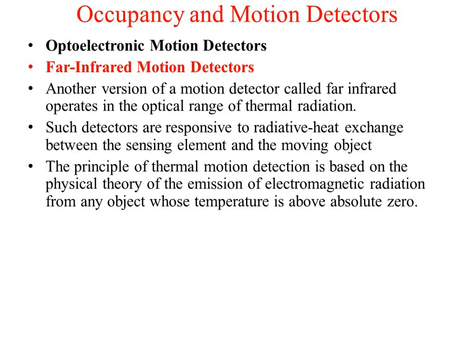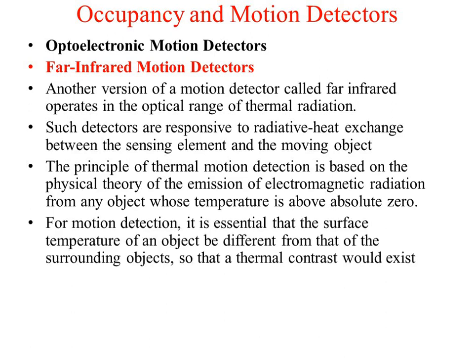Your body temperature is above absolute zero, that's why you are able to measure the thermal radiation from your body with the help of such thermal motion detectors, and that is called far infrared motion detectors.